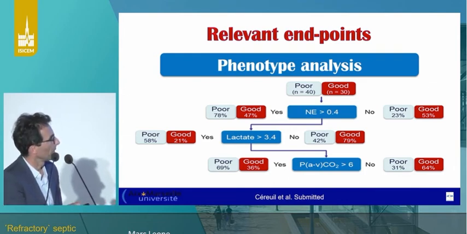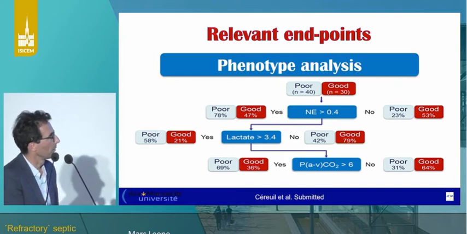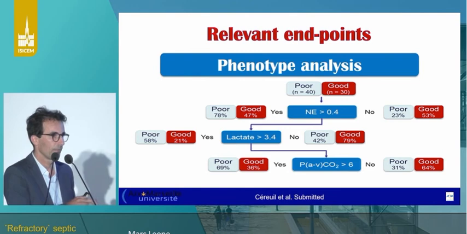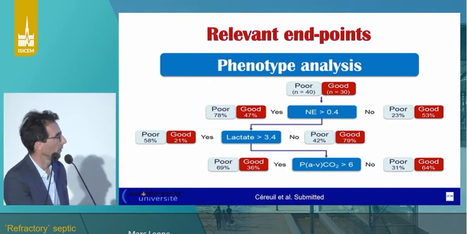Second step, lactate level with a cutoff at 3.4. And third step, the delta PCO2 with a cutoff at 6. With these 3 variables, we can distinguish patients with poor outcome from patients with good outcome.